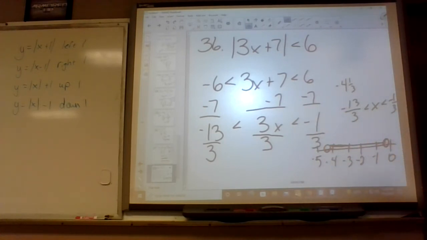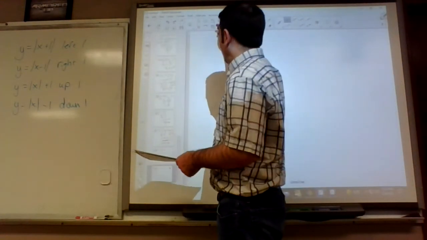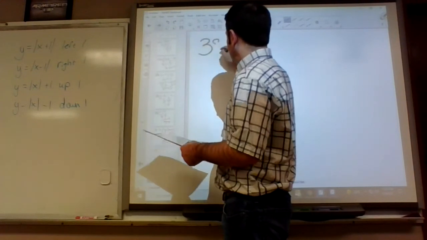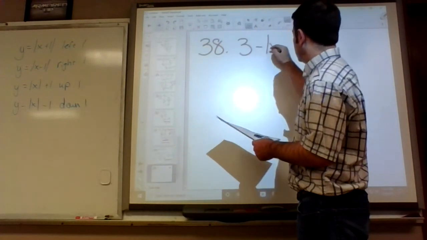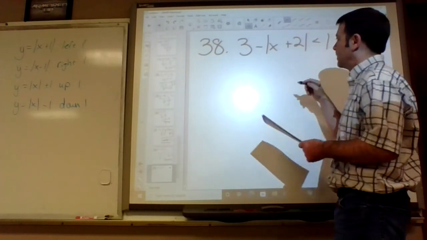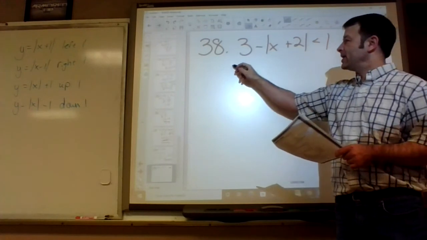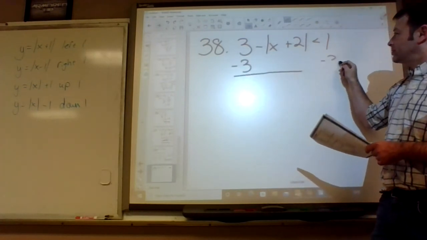38 looks like a less than, like 36, but it's actually not a less than. Subtract 3 and then multiply by negative 1. So to get the absolute value by itself, we can get rid of this 3 by taking it away. Take away 3.